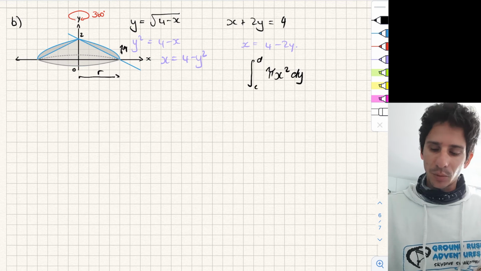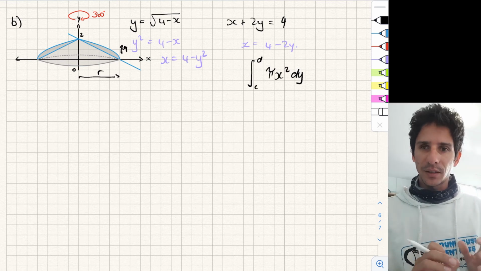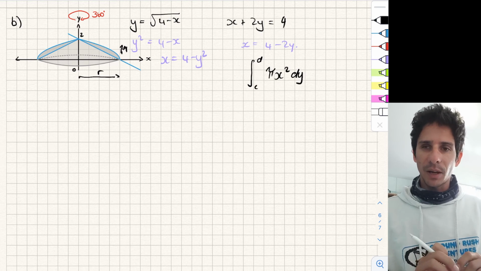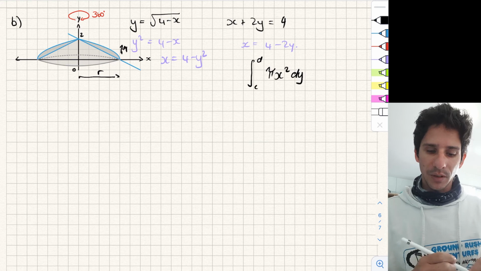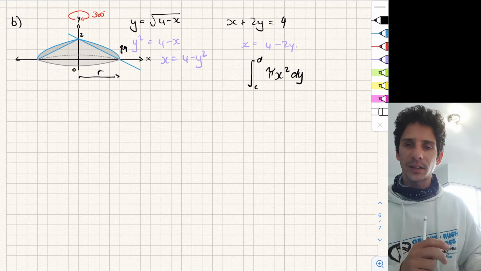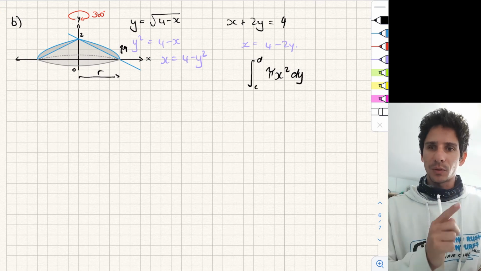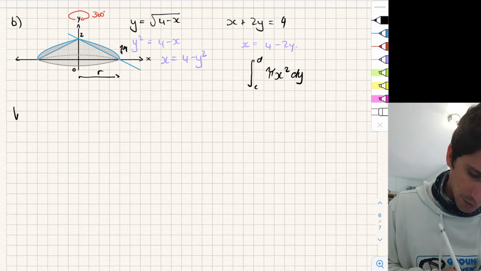So to work out the volume of this shape, we're going to imagine taking the volume underneath the whole curve, and then we're going to subtract the volume on the inside underneath the straight line, and that'll give us the volume of the shaded area if it was rotated around the y-axis. So let's define our integrals.